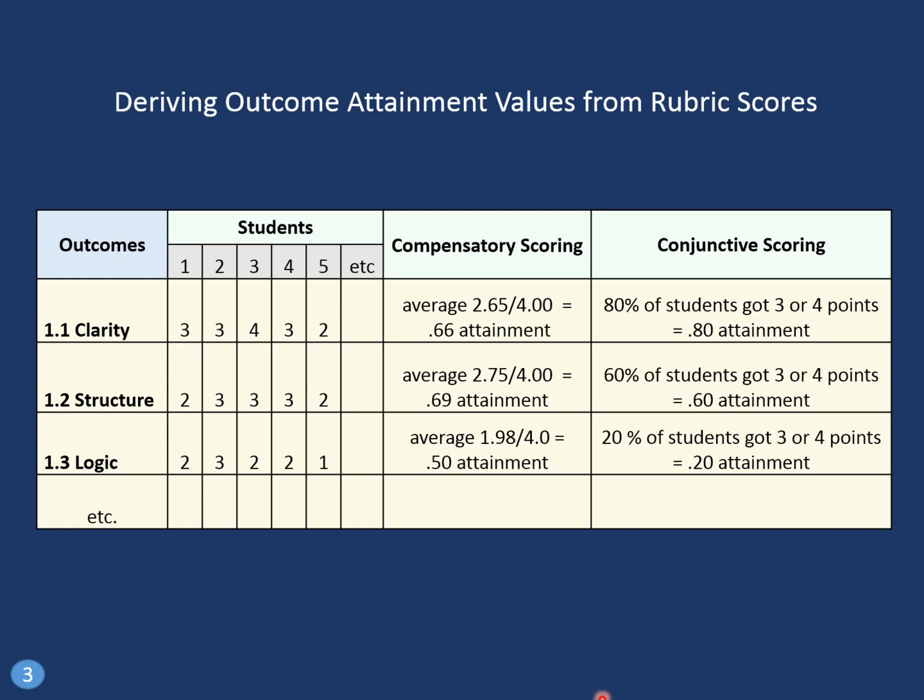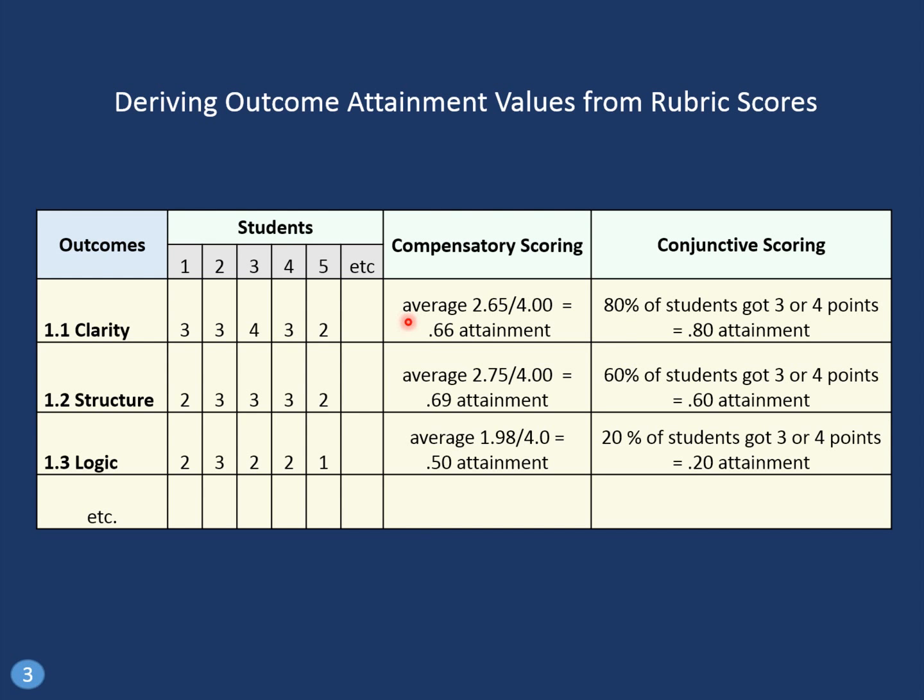Yeah, we just wanted to make clear from last week also that you can calculate outcome attainment values from rubric scores. And in this case, the outcomes are on the left, the 1.1, 1.2, 1.3. And there are a couple ways to calculate the scores. You can get averages and divide them into the number of anchor points, and that's called compensatory scoring, because a high score will compensate for a low score on one of the cells.